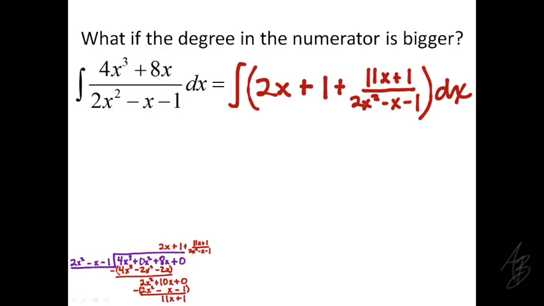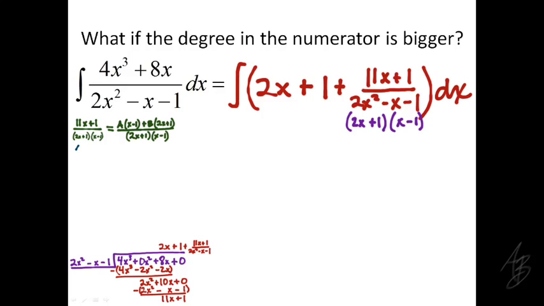Now, integrating this term by term, we know how to integrate 2x, we know how to integrate 1, and now we can use our new trick, the partial fraction decomposition, to rewrite this quotient as something that we can integrate. 2x squared minus x minus 1 factors to 2x plus 1 times x minus 1, so we'll rewrite this as two separate fractions.